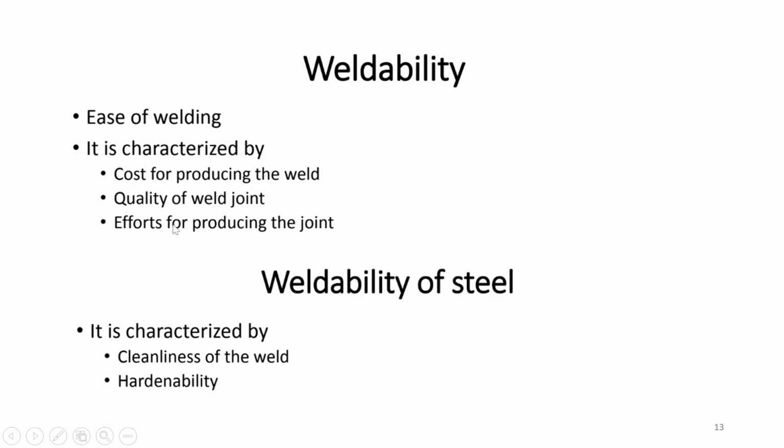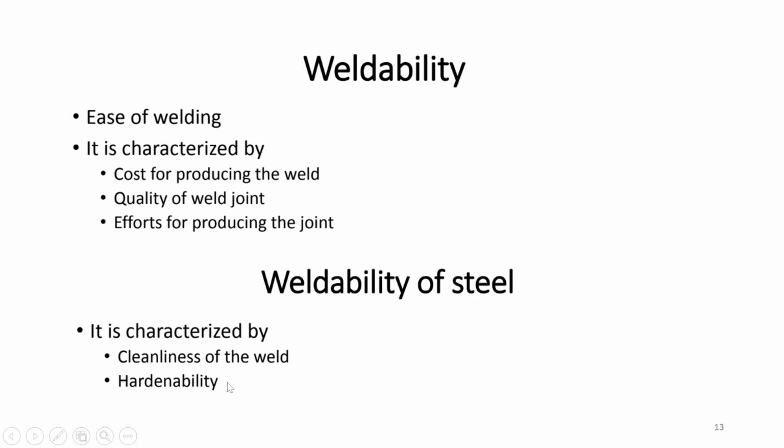So efforts required are also less in case of good weldable materials. Weldability of steel is characterized by cleanliness of the weld. After welding, the cleanliness of the weld would be higher if your weldability of steel is higher. Hardenability of steel will also be affected.